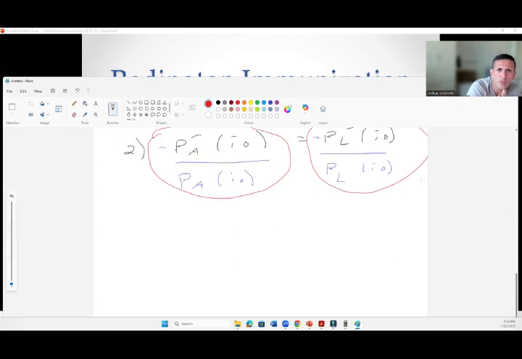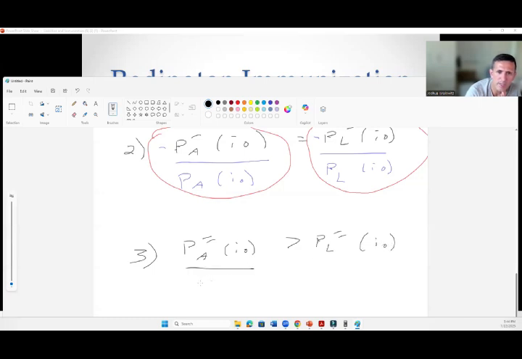So let's do the third condition. I'm going to do basically the same thing. We need the second derivative of assets to be bigger than the second derivative of liabilities.